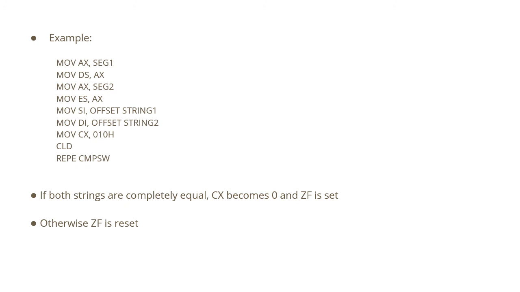If there is a mismatch, the flags will be modified and the execution will proceed to the next instruction. If they are equal, the comparison will keep on happening until the counter value, that is CX, becomes 0. So when both strings are completely equal, the CX will become 0 and the zero flag ZF will get set. Otherwise, the ZF will get reset.